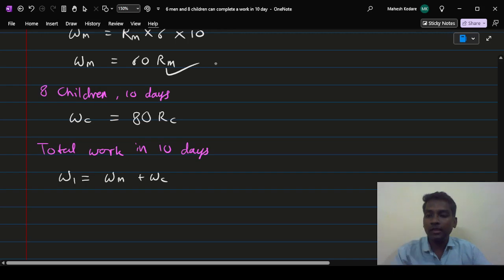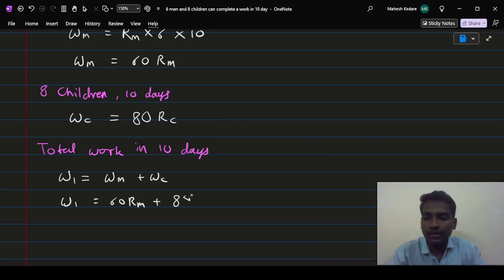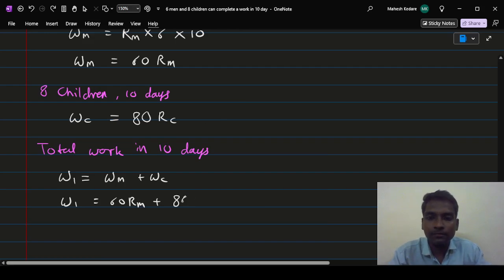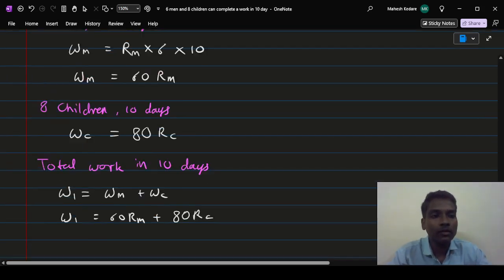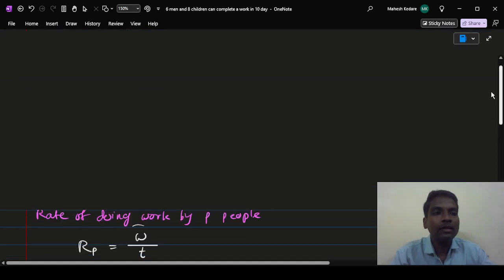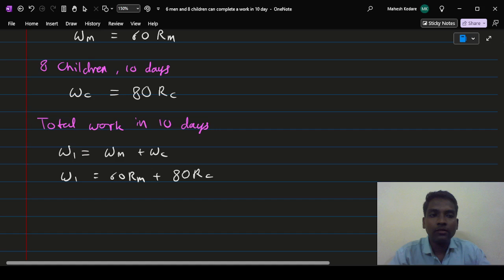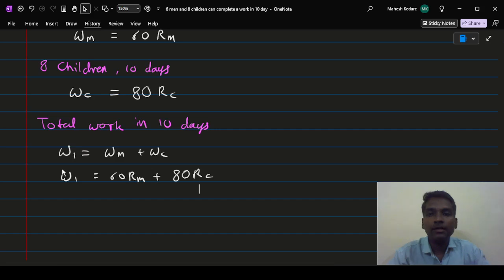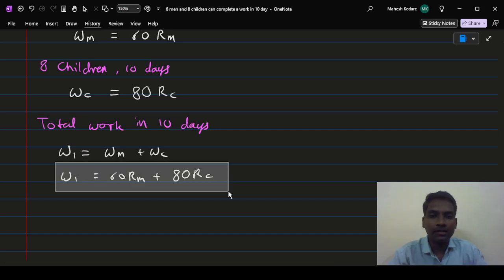Wm is 60 Rm, so in the next step, we write 60 Rm. And Wc is 80 Rc. We write 80 Rc. So finally, we have got the work done by 6 men and 8 children as given by this equation.